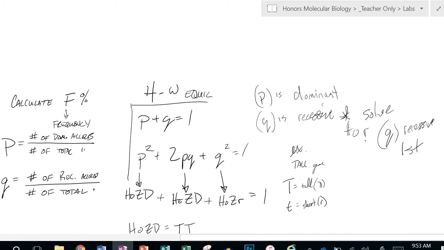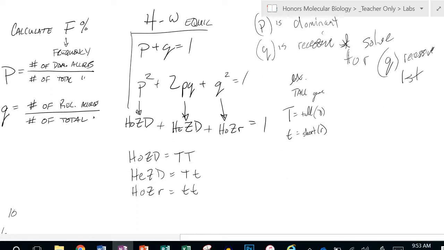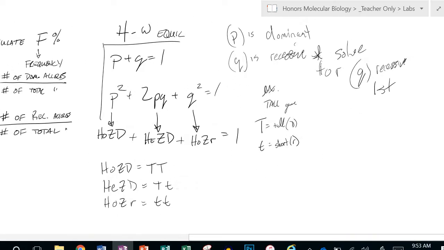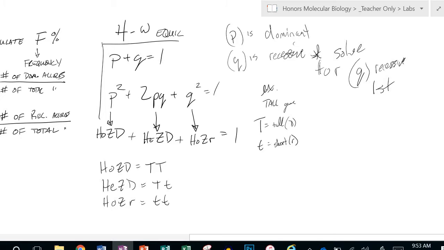Then, however we solve for Q, we can plug it into the other 2 formulas and calculate all of the other things. Hopefully that helps explain a couple of ground rules for Hardy-Weinberg, combining some of our knowledge of Mendel with Hardy-Weinberg equilibrium.